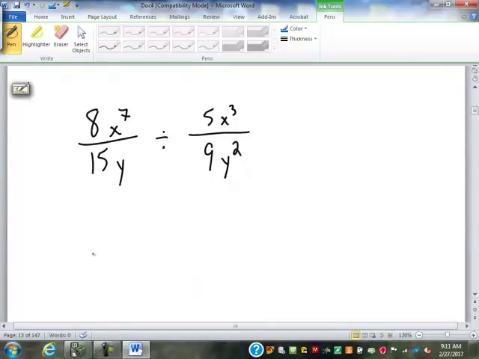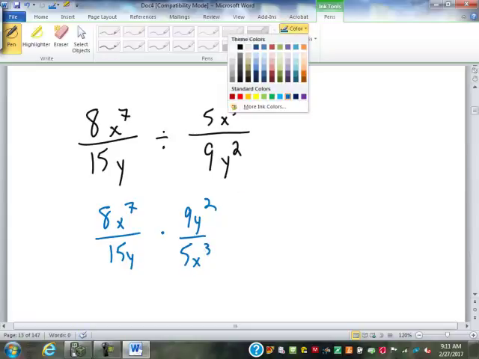Let's see how you did. So first thing we've got to do is take the reciprocal. So the first fraction doesn't change. This becomes times 9y squared over 5x to the 3rd.